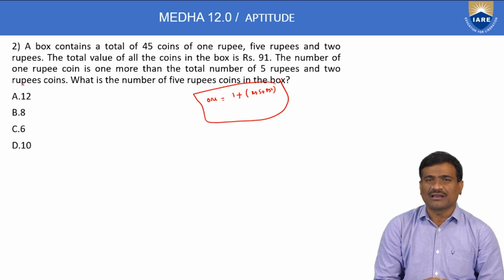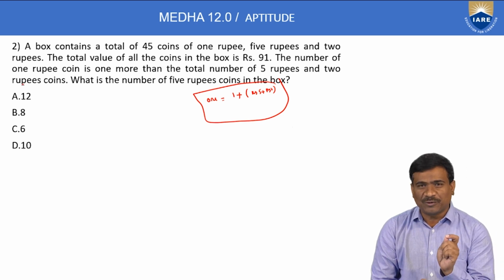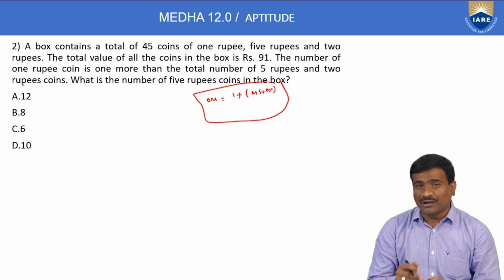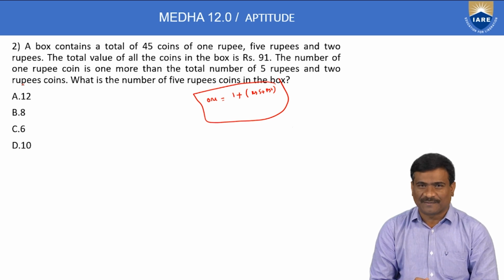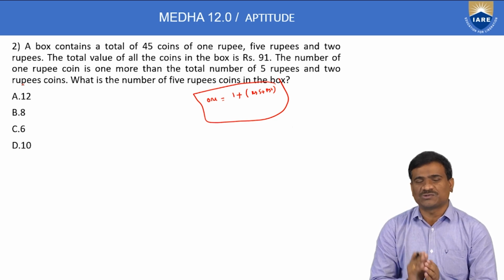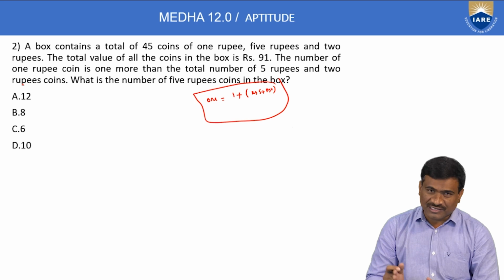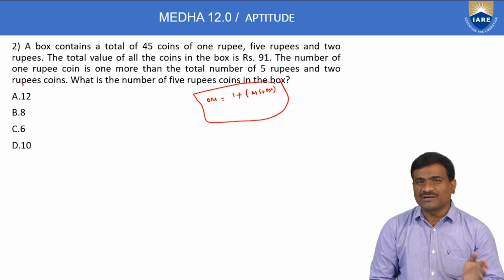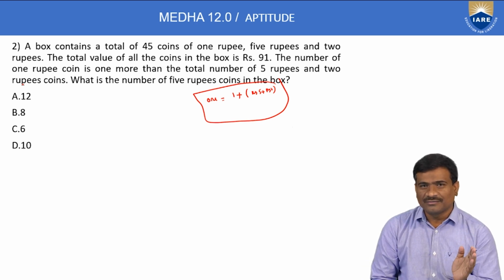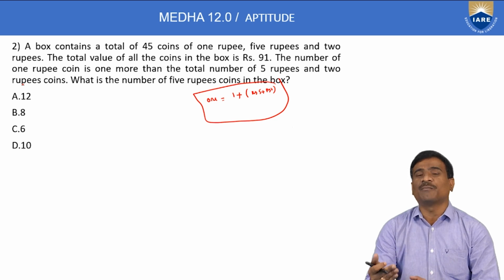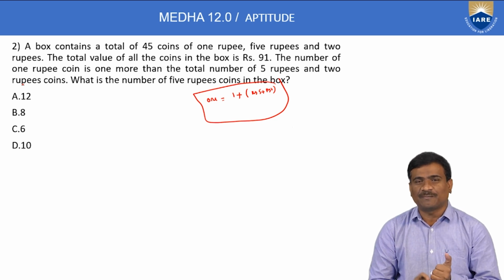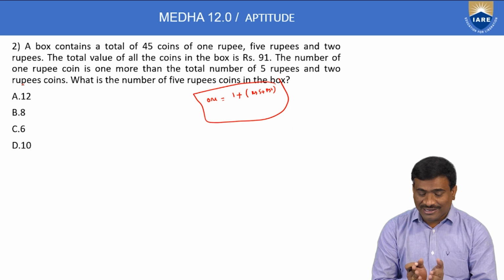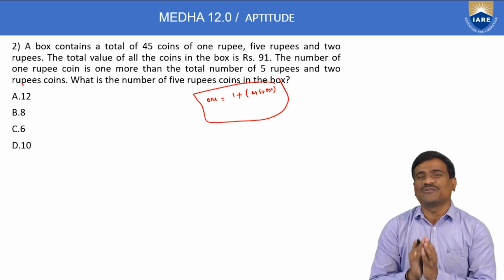Suppose option A: assume 5 rupee coins 12 and also 2 rupee coins 12. 12 plus 12, 24 plus 1, 25, so 1 rupee coins 25. Total number of coins 25 plus 24, 49. But the given total number of coins is only 45.